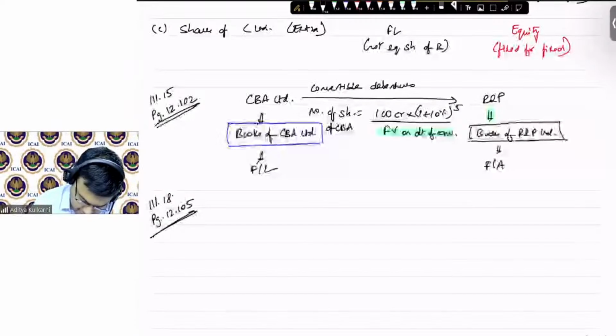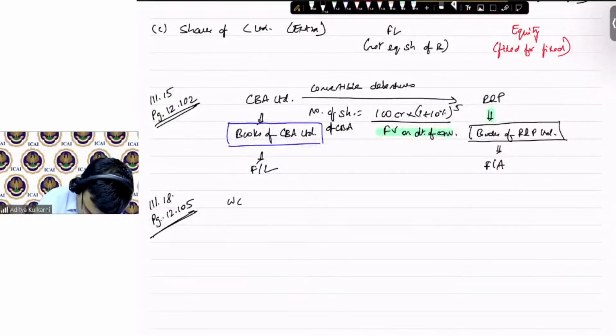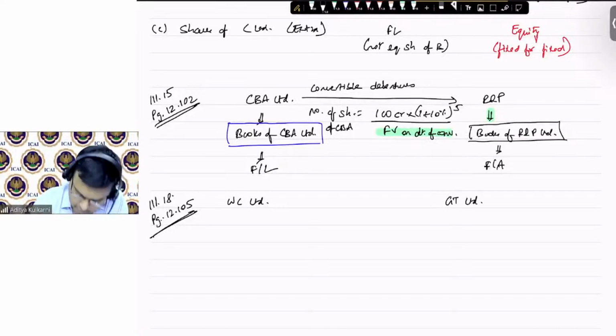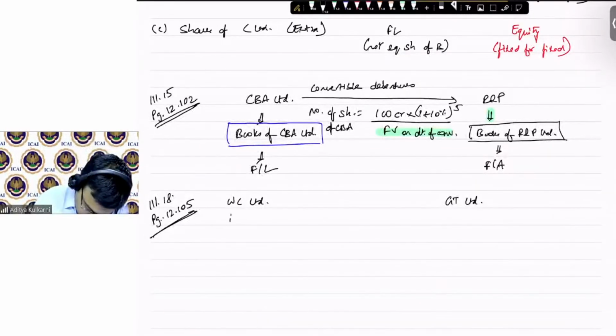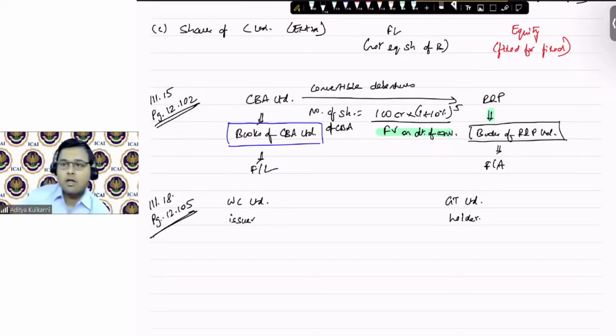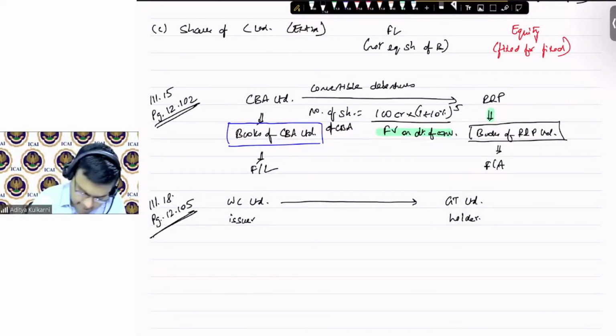WC Limited, GT Limited. WC writes an option. So WC is what we call the issuer of the option. GT Limited is what we call as holder of the option. Now WC has written an option to GT Limited.